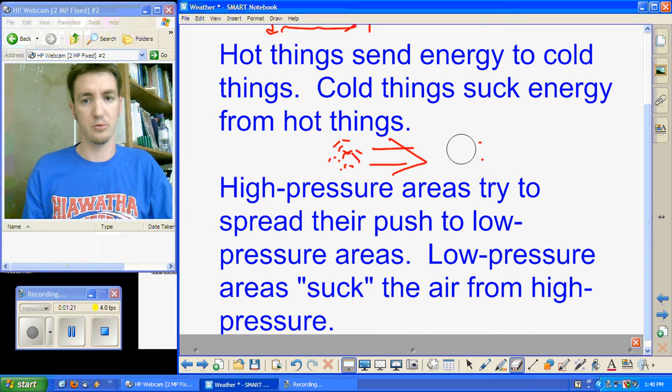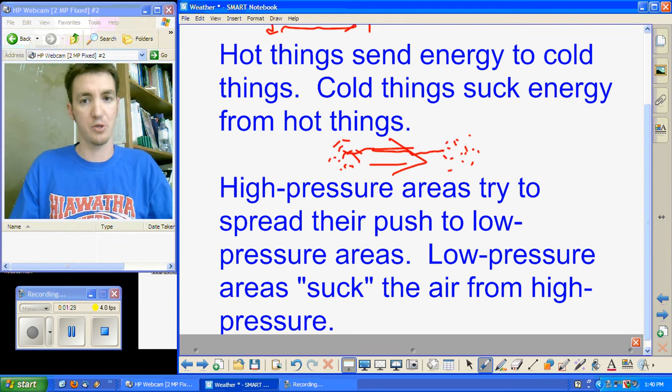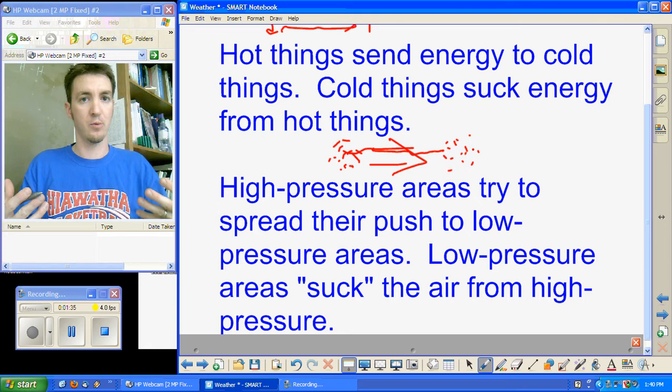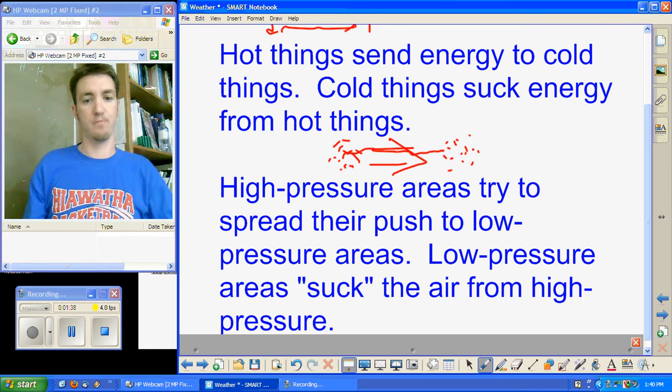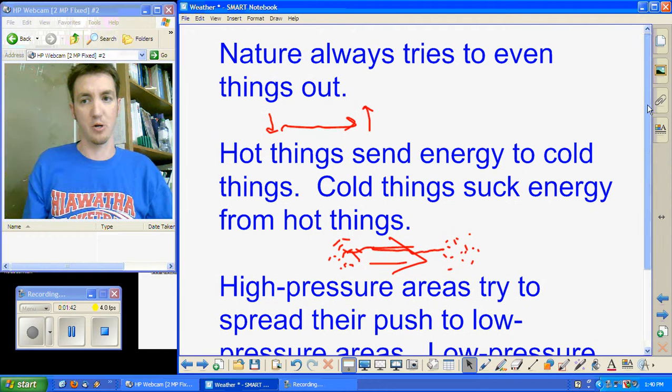So it's kind of the pull. But the air is going to flow over here and start to fill up this area more. So a low pressure area just means it needs some stuff to fill it up. A high pressure means they've got extra air and it's going to have to go somewhere. So keeping these things in mind helps you think about pressure and temperature and the fact that nature will always try and even things out.